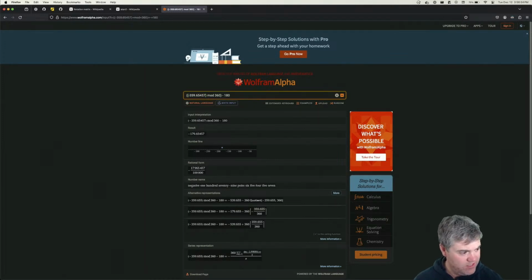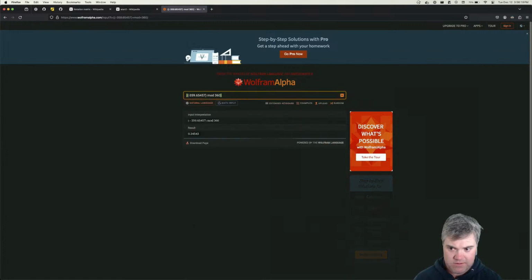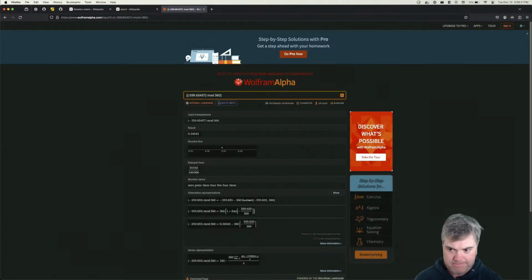The plus 180 is to offset the 180 we take away in the end. Then why do we need to take away the 180? Wouldn't it just make sense to do that? Because then that gives me the same thing here.